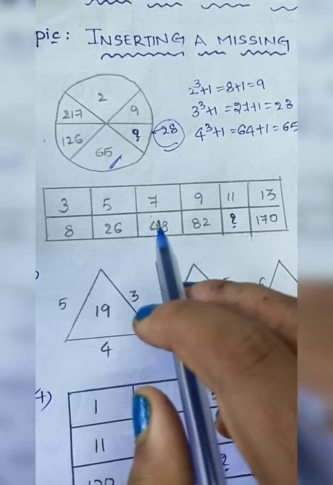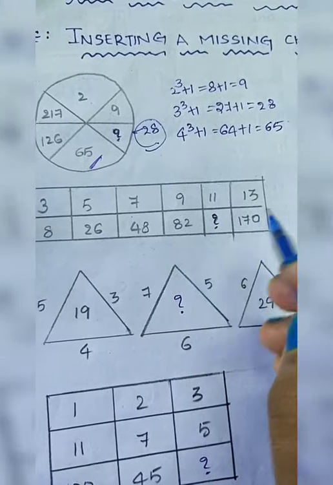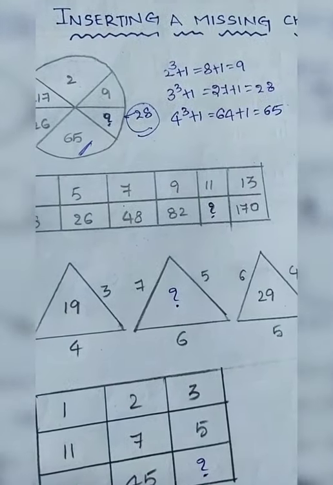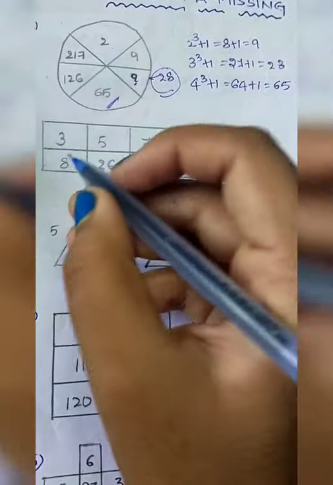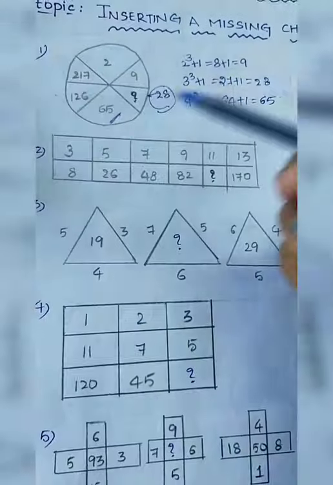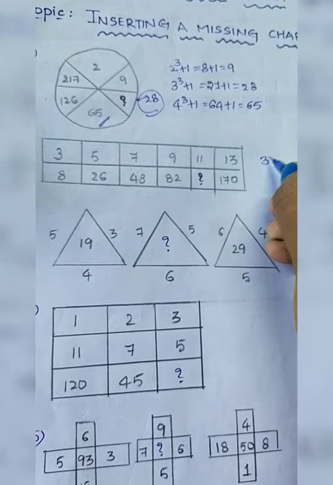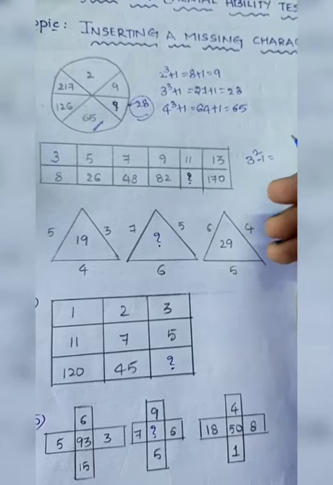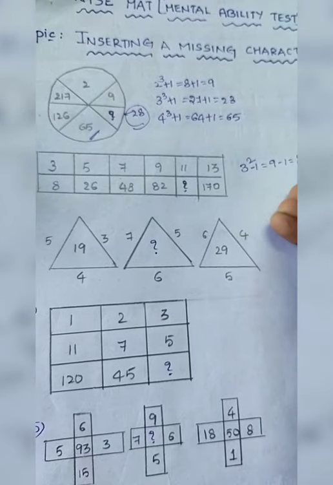8, 26, 48, 82 and we have to find the value and 170. So let's solve this problem. So let's find a logic for this. So what is between 3 and 8? That is 3 square minus 1. 3 square is 9 minus 1 equals 8.